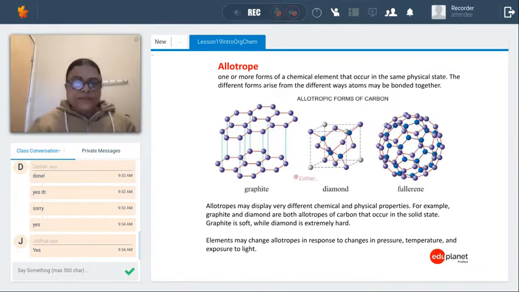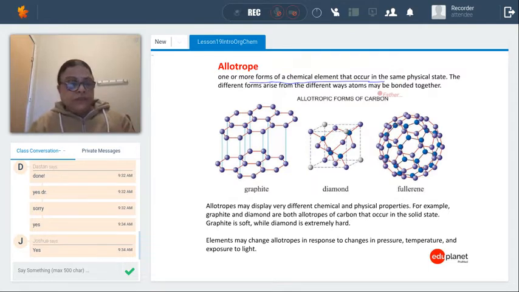So what does the word allotrope mean? It is one or more forms of a chemical element that occur in the same physical state. So, for example, graphite is solid, diamond is solid, and fullerenes are solid, but they have different forms.